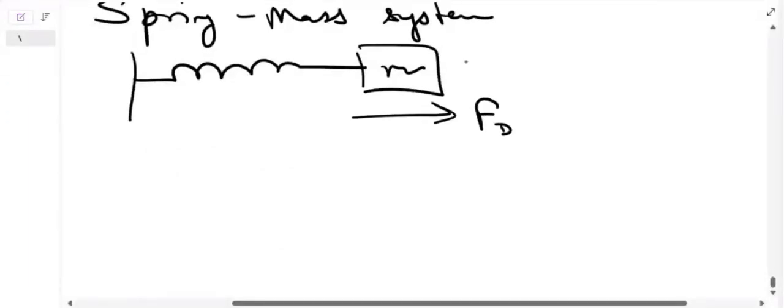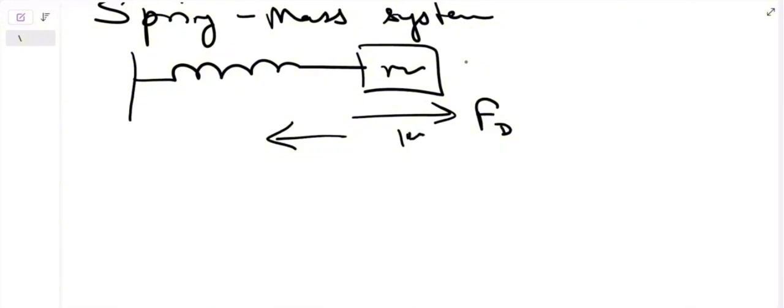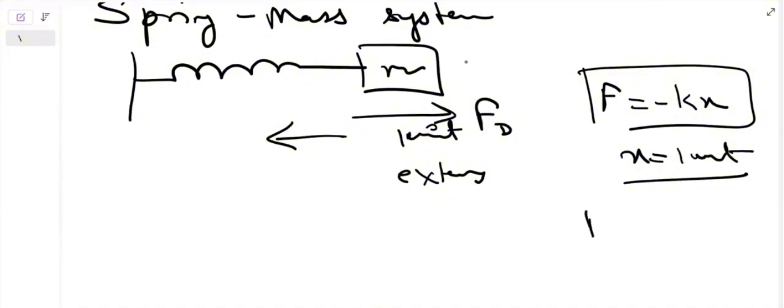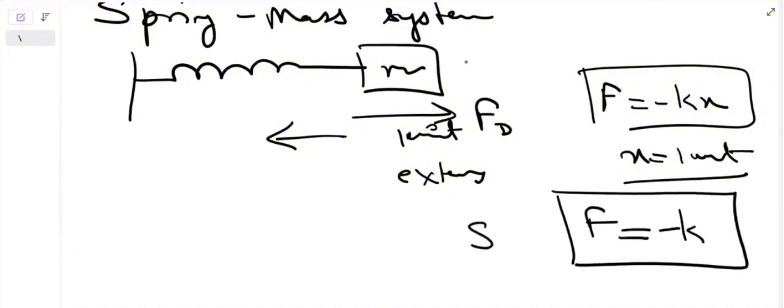You apply a deforming force, and it will try to come back. Let's say the extension is just one unit distance. So F equals minus kx is the formula. Here k is fixed and x is just 1 unit. So I am providing a condition where F will be equal to minus k. This is known as the SHM equation. Any doubts? No, ma'am. Done.